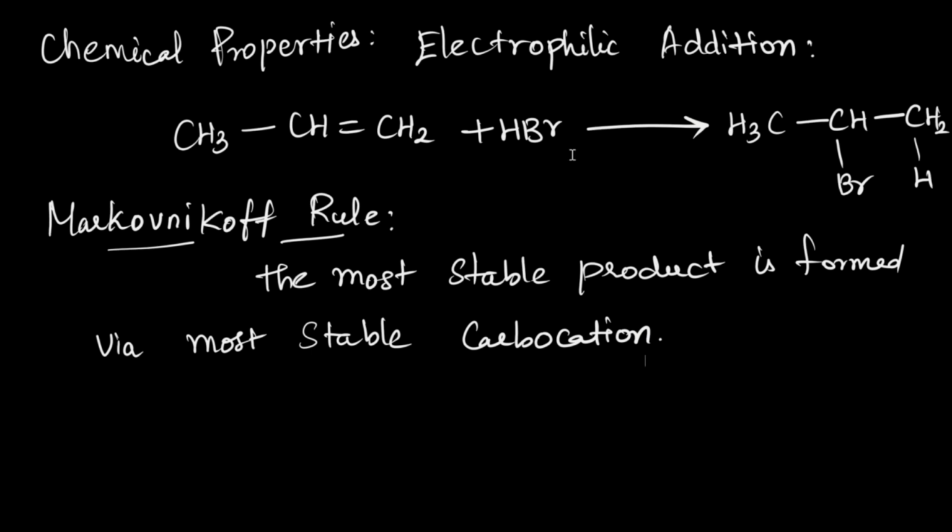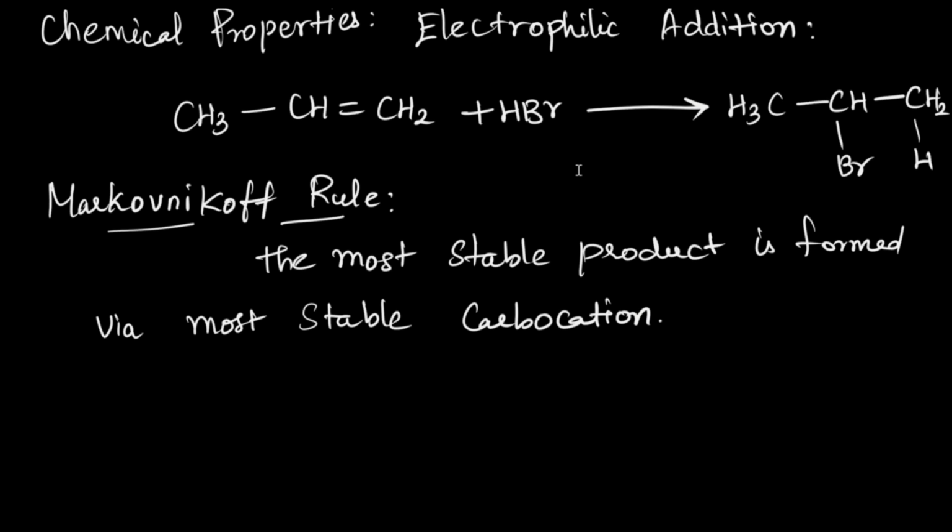I would like to define it in another way, which you can remember easily. That says rich getting richer, which means that if I am taking any HBr, HCl, HF, HI, so any electrophilic addition reagent, the hydrogen part, the positive part will go to the carbon with more number of hydrogens. Let's say here hydrogen is positive, Br is negative.